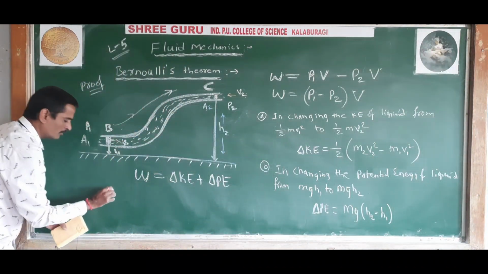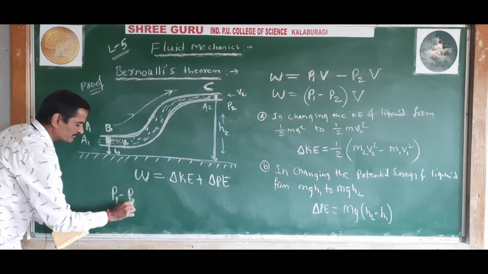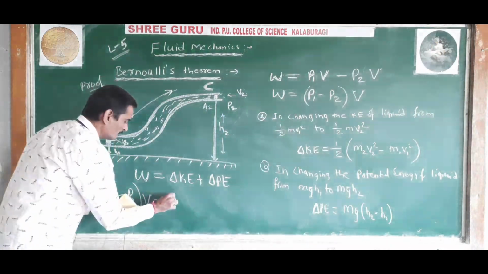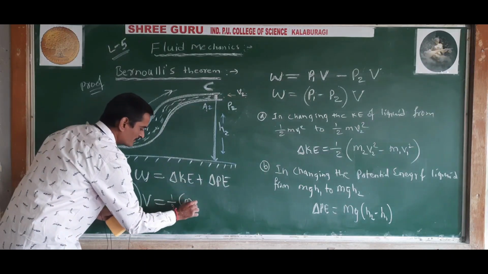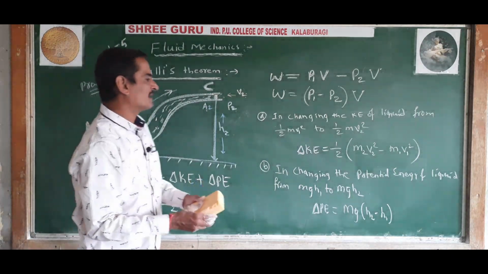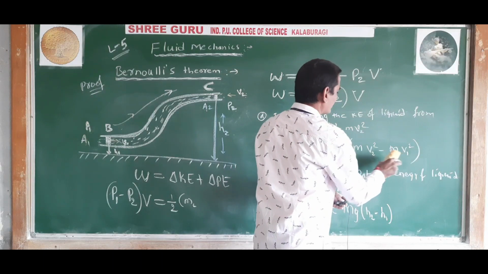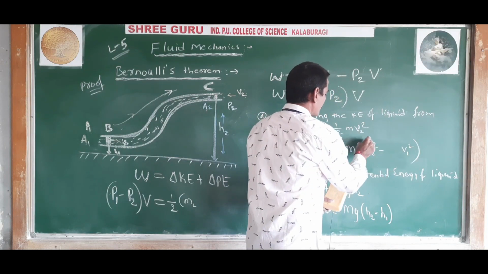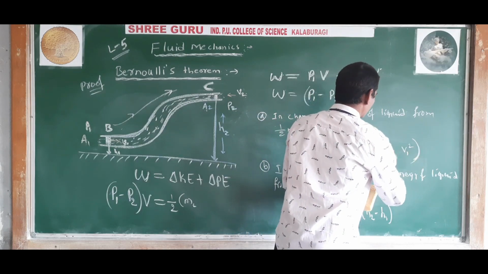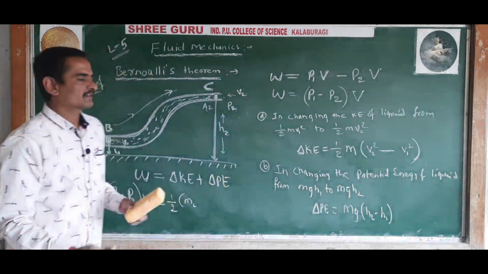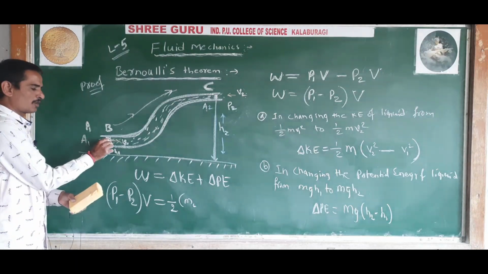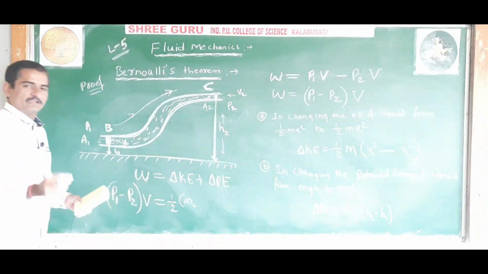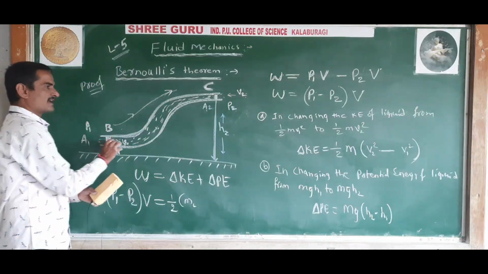And work done we have as (P1 minus P2) into V. And change in kinetic energy we have 1 by 2 m, where mass is constant, so you can write it as m (V2 square minus V1 square). A fixed volume of liquid is moved from the end B to C.